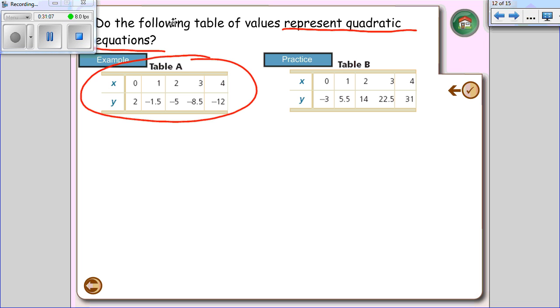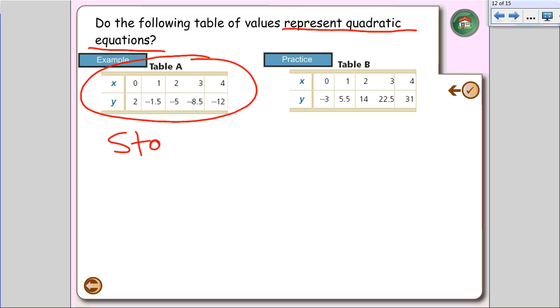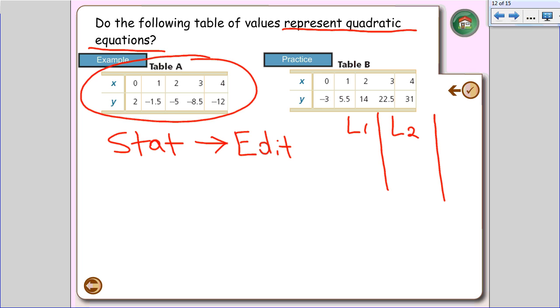If you click stat, and then click edit, you'll get a little thing that comes up, and you should see columns like L1, L2, L3, you keep going. All that matters is the L1 and the L2 for us. That represents our x and our y.